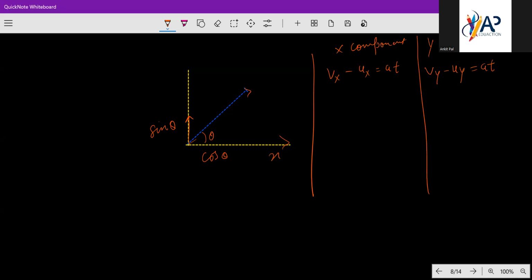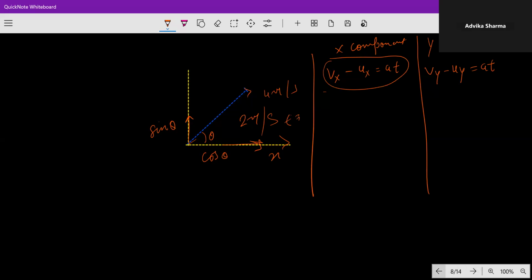Suppose the velocity in x direction is 2 meter per second, the final velocity is 4 meter per second, and the time taken is suppose 2. So we calculate the value using this formula, right?